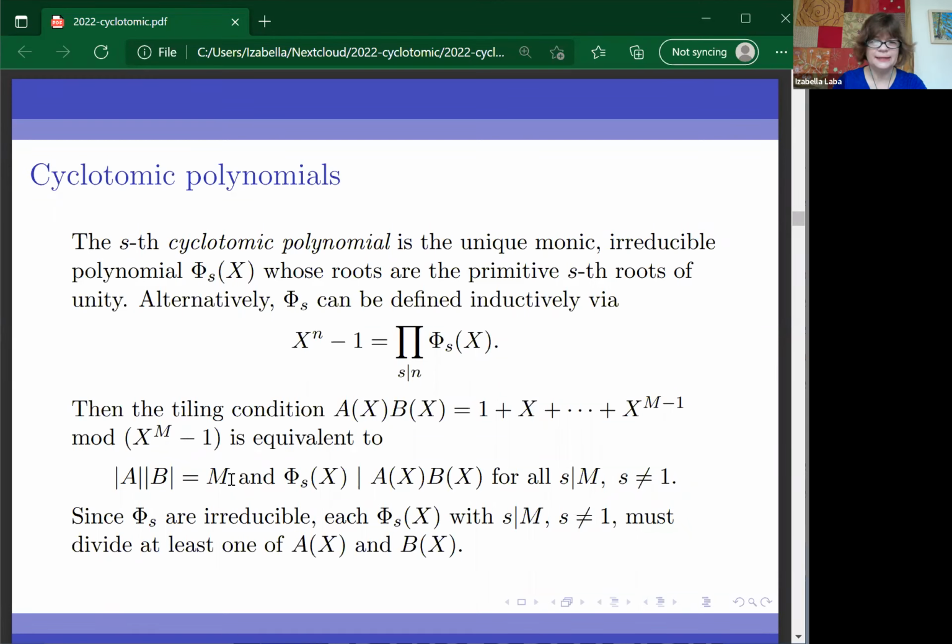We lost 1 because 1 + x + ... + x^(n-1) is equal to (x^n - 1)/(x - 1), and so x - 1 gets deleted. Everything else still has to be there. Because the cyclotomic polynomials are irreducible, each one has to divide at least one of A and B.